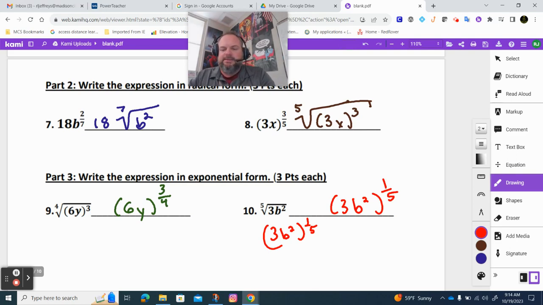For number 10, oh, by the way, if somebody left their Chromebook in the location that we were in yesterday, it's still in that classroom if you have not got it.